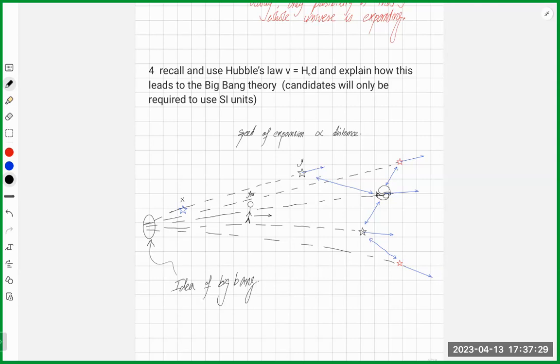Even if it is emitting light, light is coming towards us, but the source is moving away from us at a speed which is far more than the speed of light. What happens? The light cannot reach us. So that's why the bigger part of the sky is black. Black actually means absence of light.